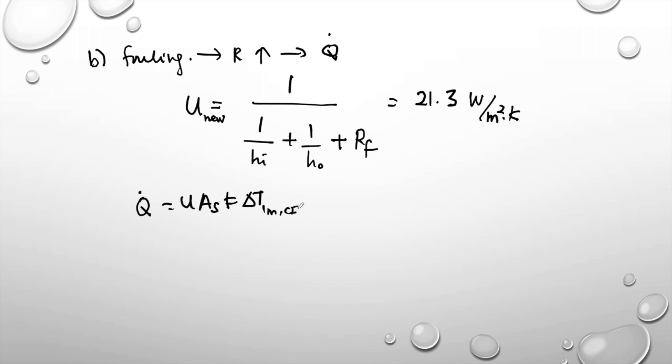From here, substitute into Q dot equals U A_s F delta T log mean. Do we need to recalculate A_s, F, and delta T log mean? No need. The only affected value if there is fouling is U. So substitute into this equation: 21.3 times 3.77 for your A_s, times 0.91 for your F, and delta T log mean is 24.7.